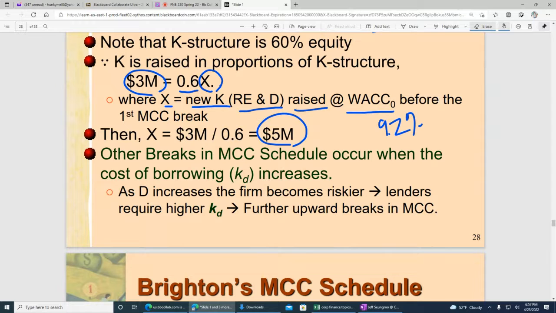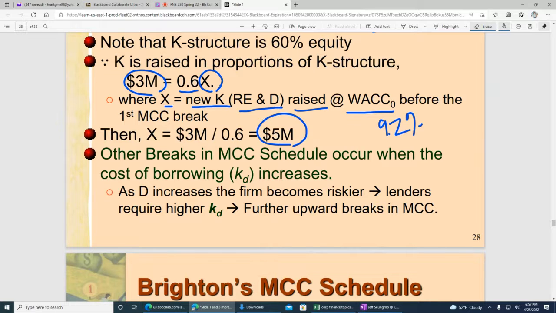And that 60% is 3 million, then that means, up to 5 million, the other 40% is debt, right? 40% is 2 million, 60% is 3 million.